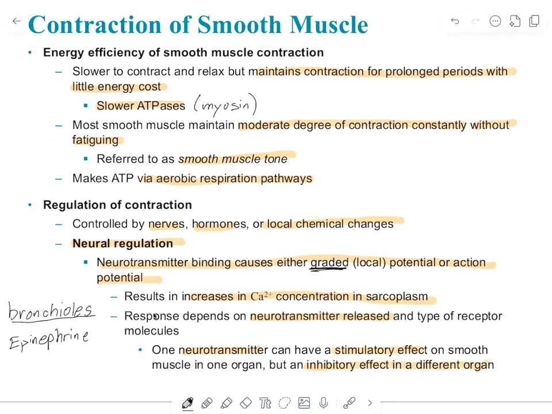That's the active ingredient in albuterol. So that is going to cause dilation of the bronchiole. Whereas the neurotransmitter acetylcholine is going to cause constriction of the bronchiole. And this is really interesting because it's how different medicines work. And you'll learn all about that in chapter 11 as well.